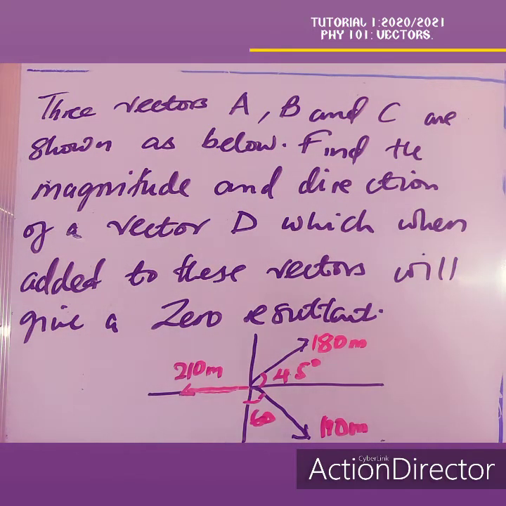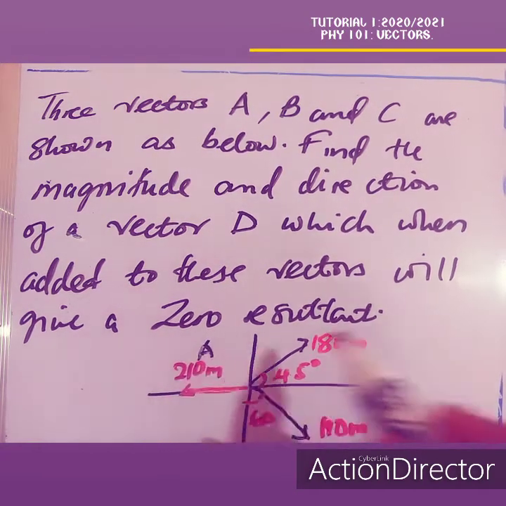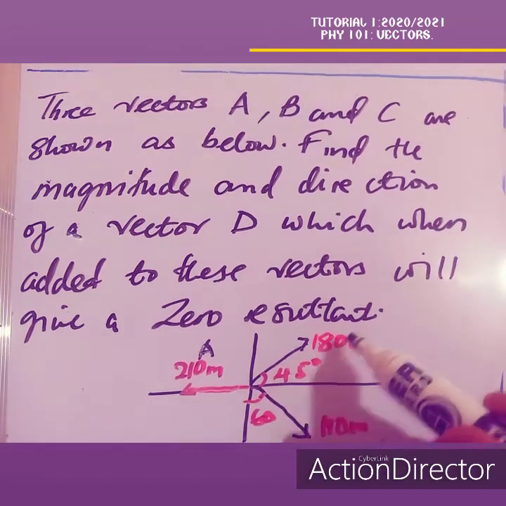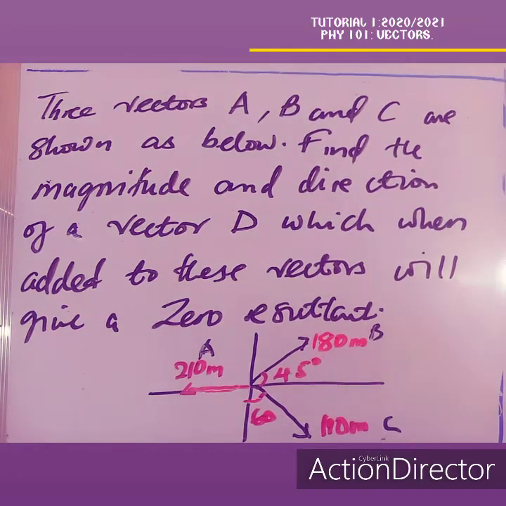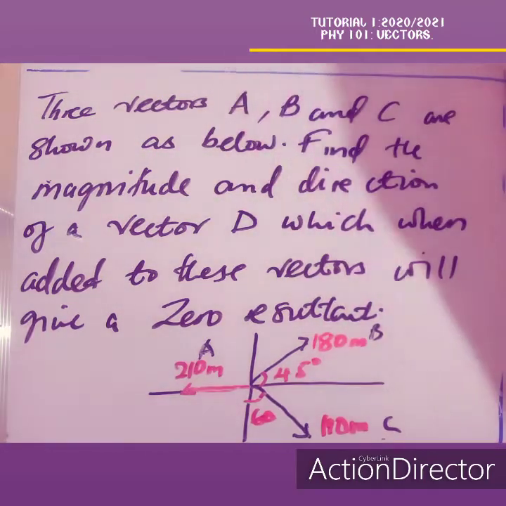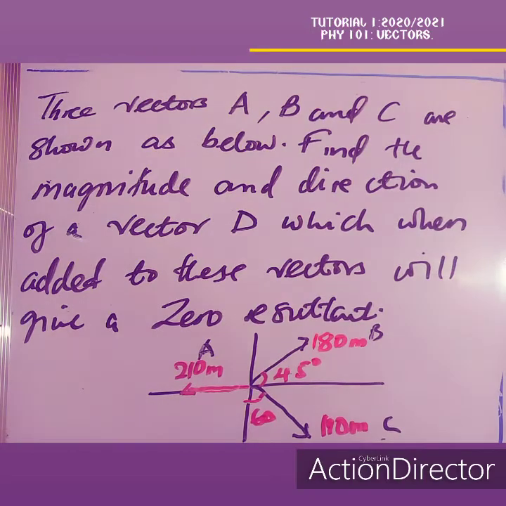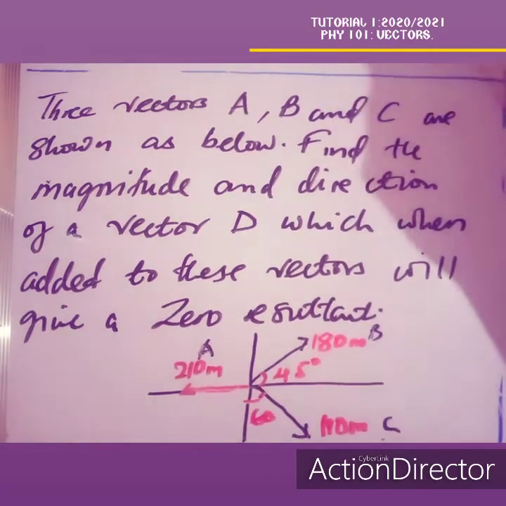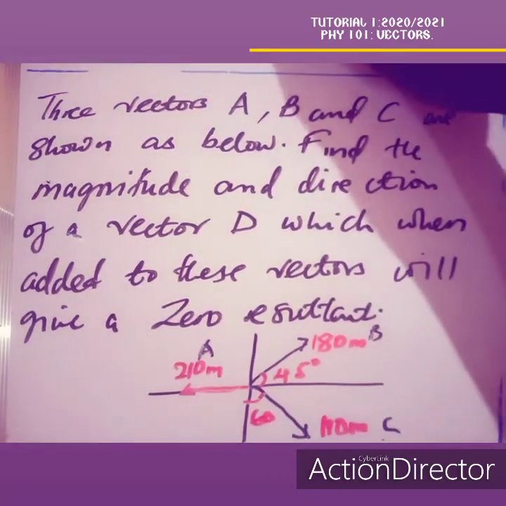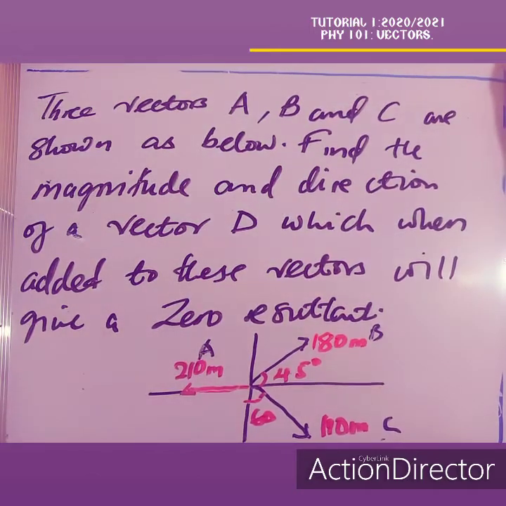You can take vector A, vector B, vector C in a clockwise or anti-clockwise way. Either is fine. For us, we'll go with the clockwise one.